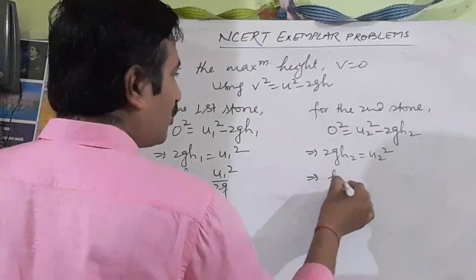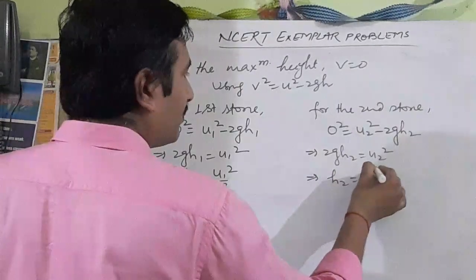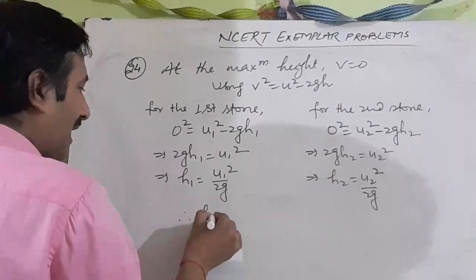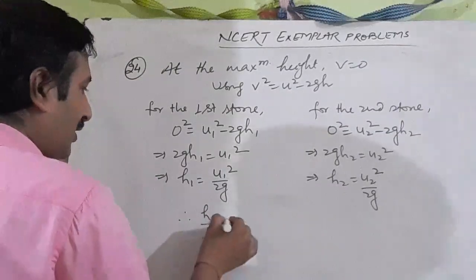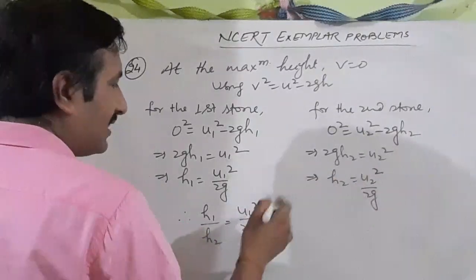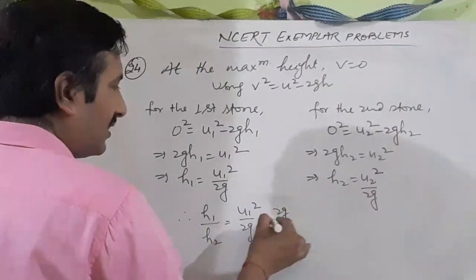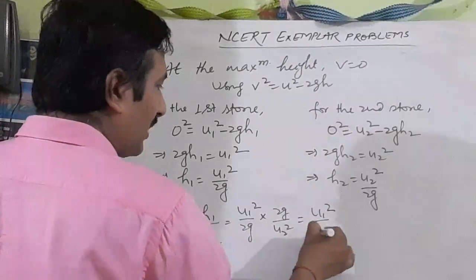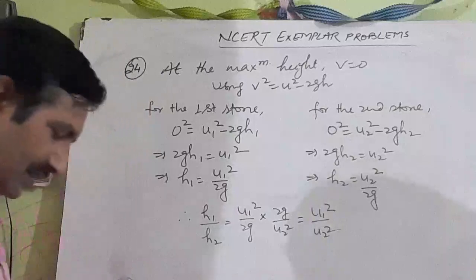This gives you H2 is equal to U2 square by 2g. You have to find H1 by H2. So this is U1 square by 2g divided by U2 square by 2g, means multiplied by 2g by U2 square. This is U1 square by U2 square. You have to prove this only.